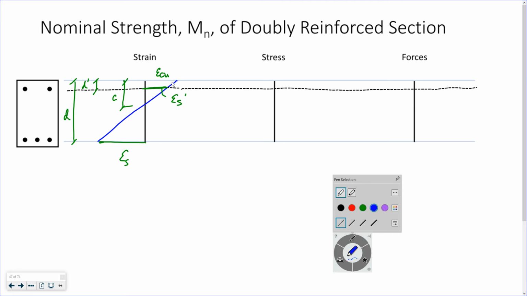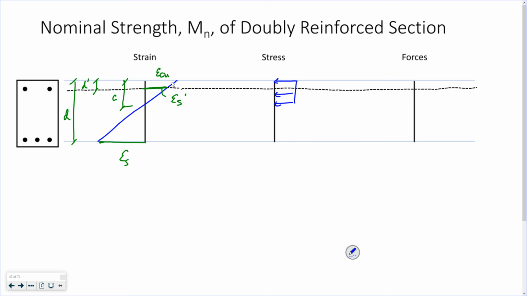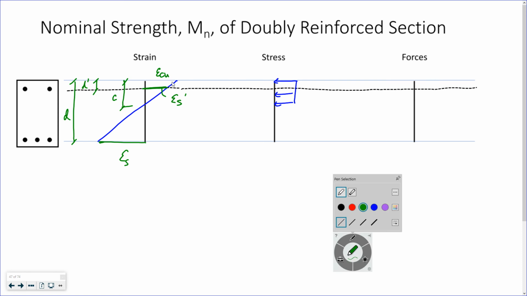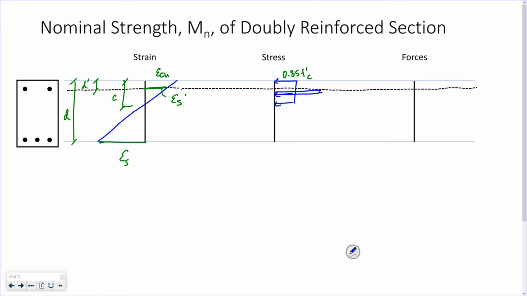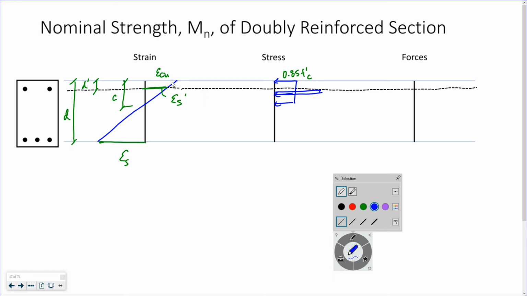And now let's look at the resulting stress, right? I've got the stress in my compression block, the Whitney stress block, with a magnitude of 0.85 f'c. I've got some stress in my compression steel, sorry, equal to f_s prime.